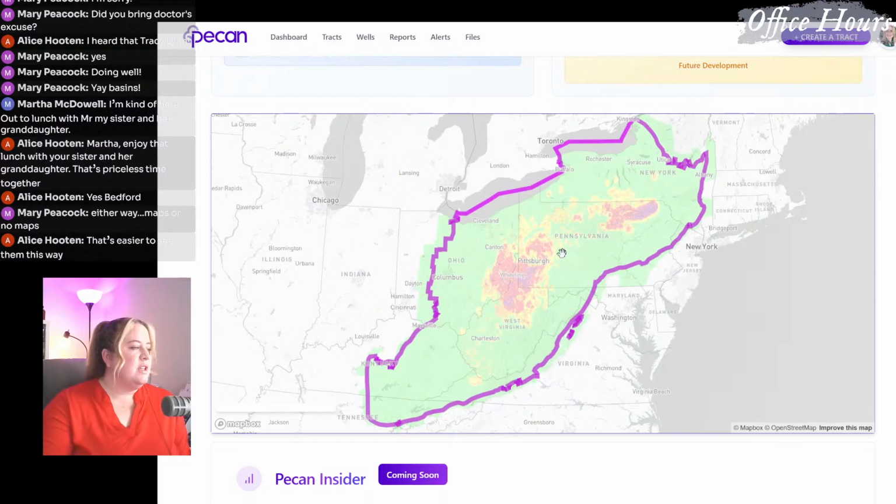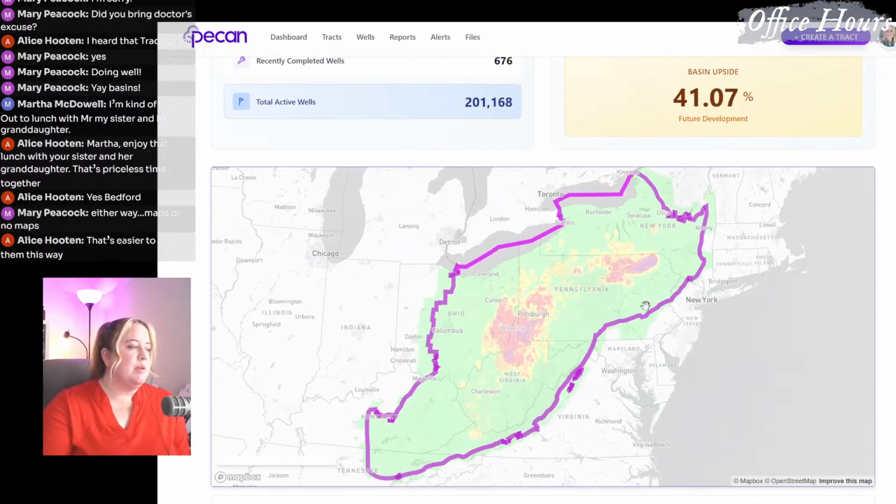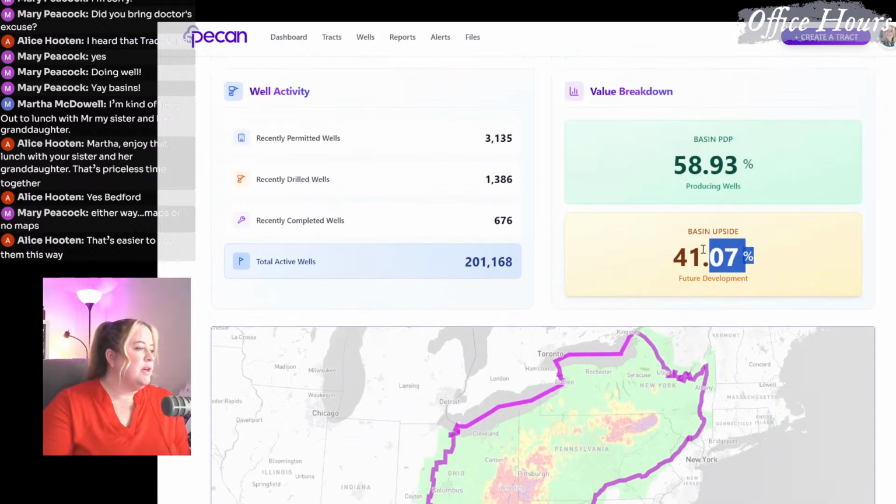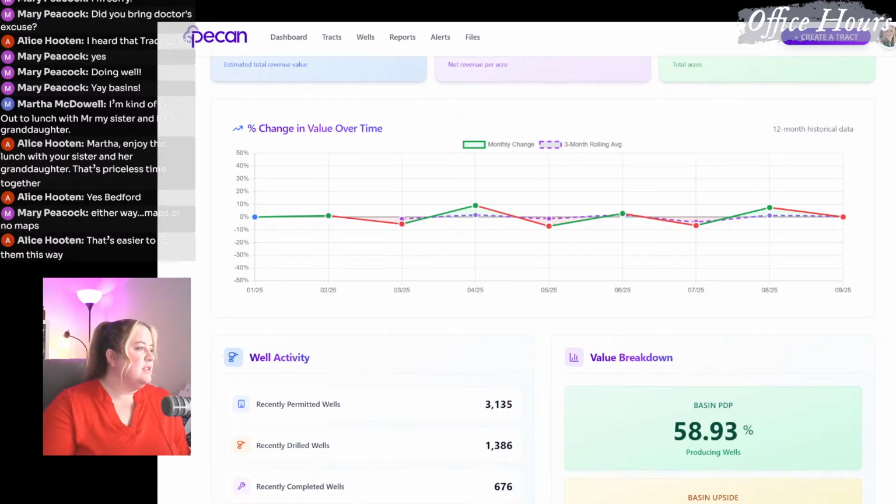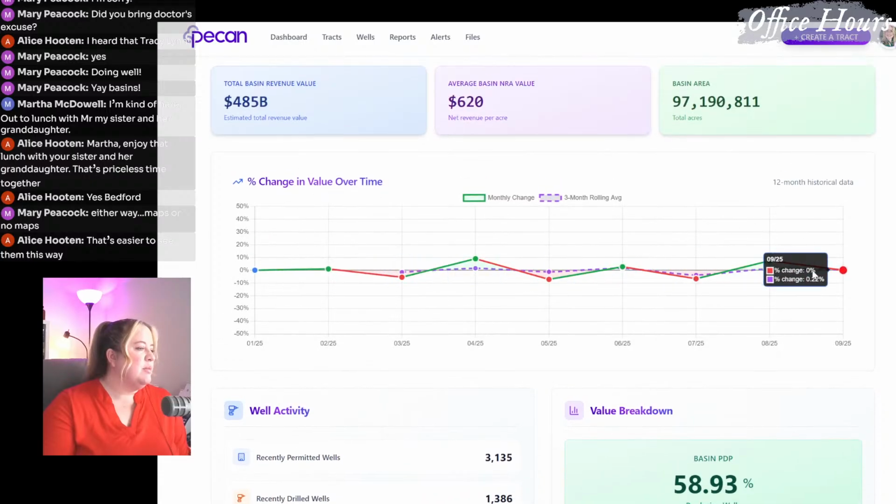So the big drivers, we're debating how much we want to break this up for this purpose. If anyone has any feedback on how much they'd like to see this broken up, we're taking everything into consideration. But the basin as a whole, there's quite a bit of upside right now. The future development, there's this change over time.